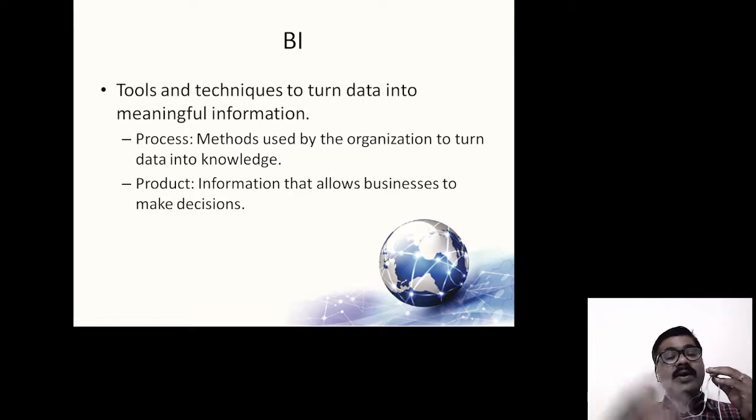We are getting out processed information, or data with insights. This information is the product here, which will allow the business to make decisions. So business intelligence includes two parts, the process and the product, and the product here is the information or the insights which help in the decision support system.